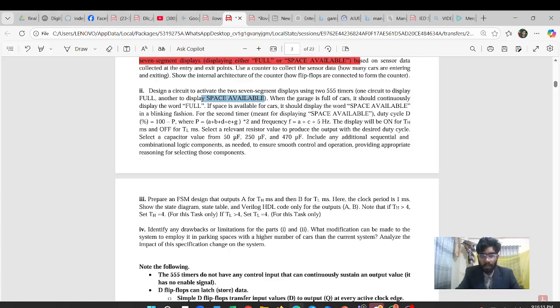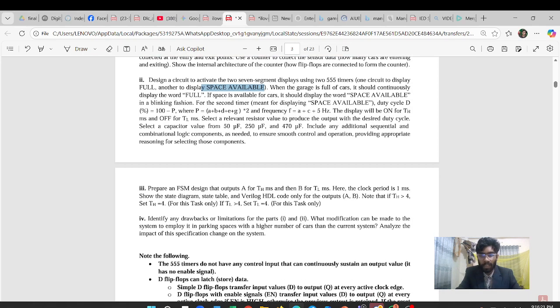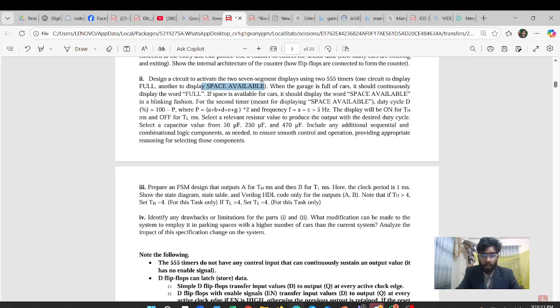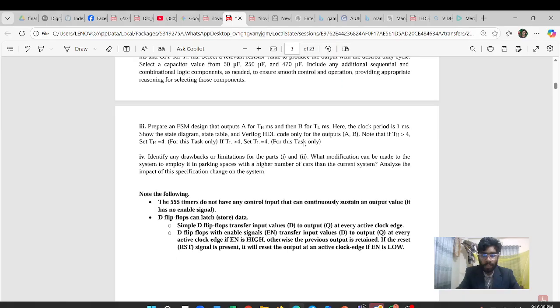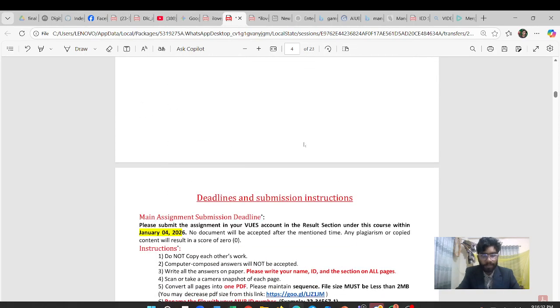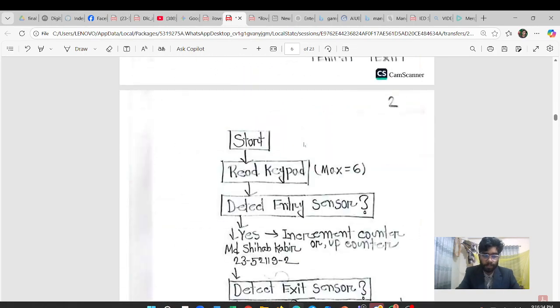Include any additional sequential and combinational logic components as needed, providing appropriate reasoning for the selection of those components.